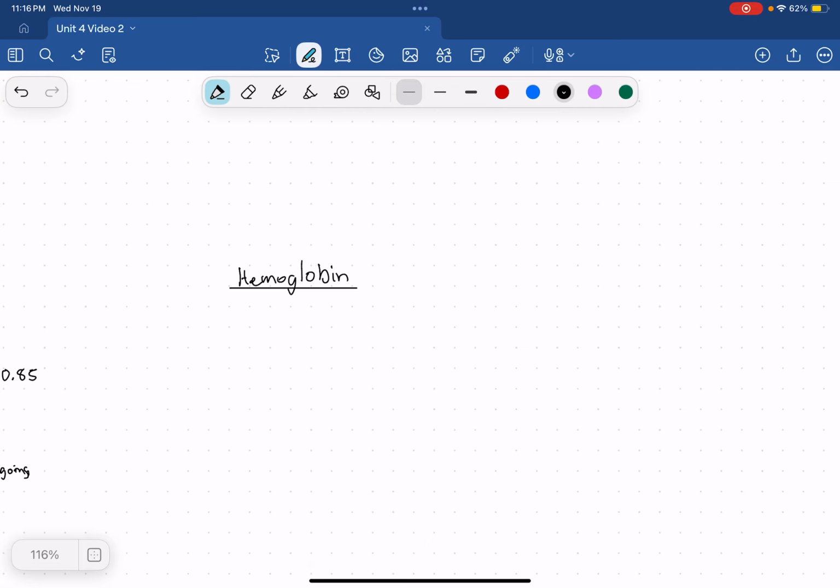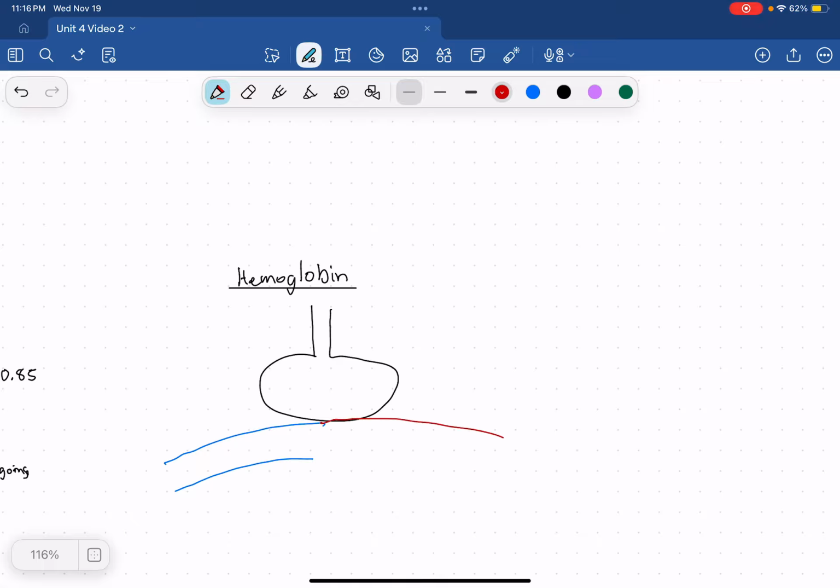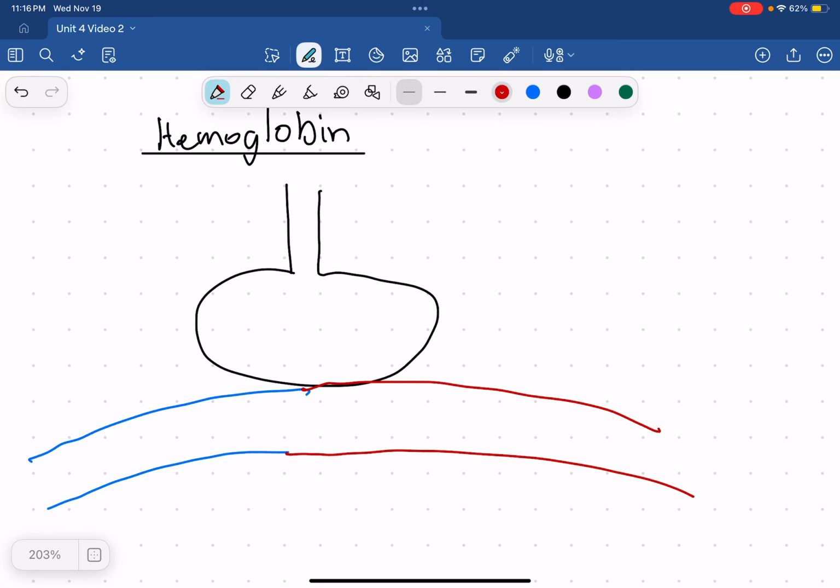So we have our lungs here, right? So the alveolus is doing gas exchange. We meet with the bloodstream, and here our bloodstream is very rich and abundant in our red blood cells, which contain hemoglobin.